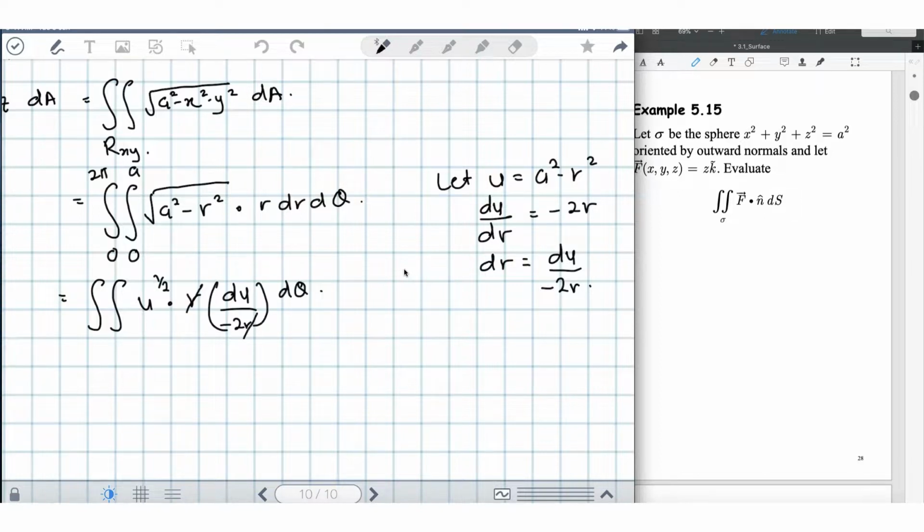The r cancels, so you have negative 1 over 2 times the square root of u du d theta. Now we integrate. You will get u to the 3 over 2, times 2 over 3, d theta.